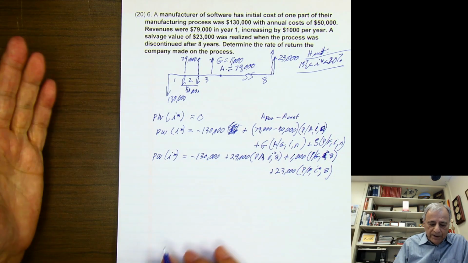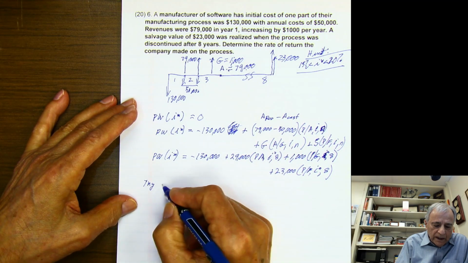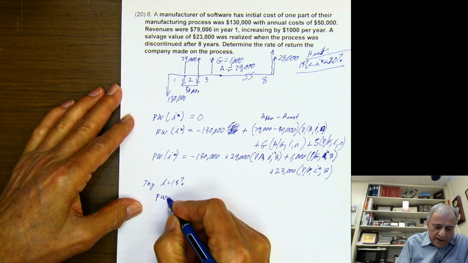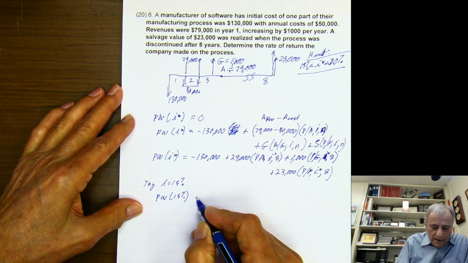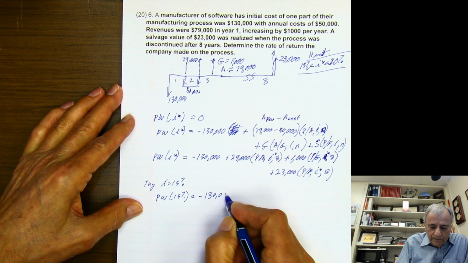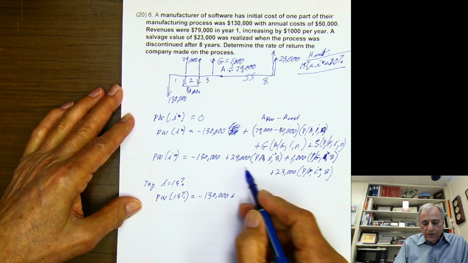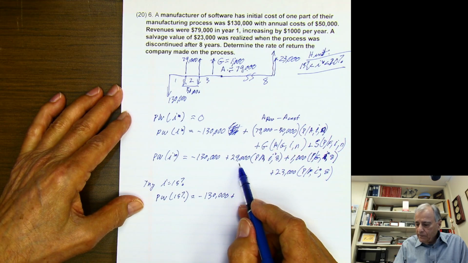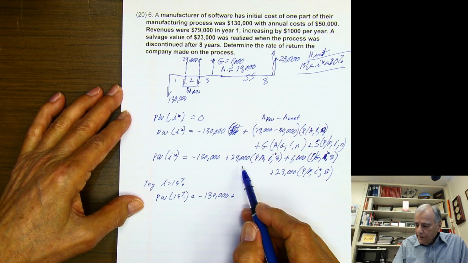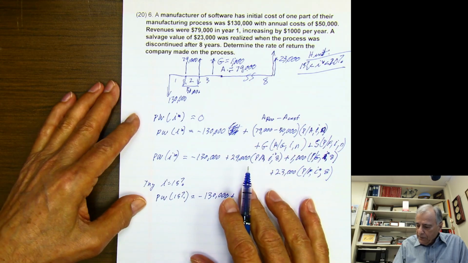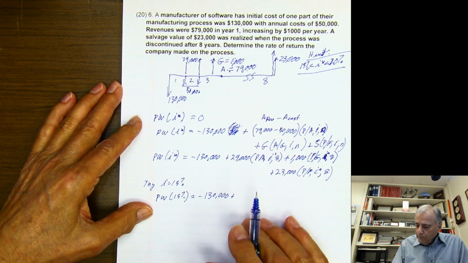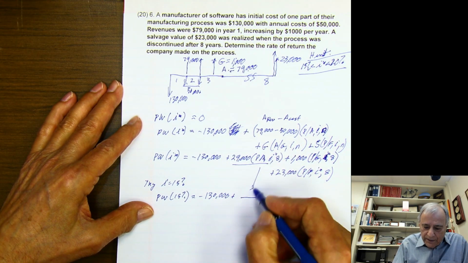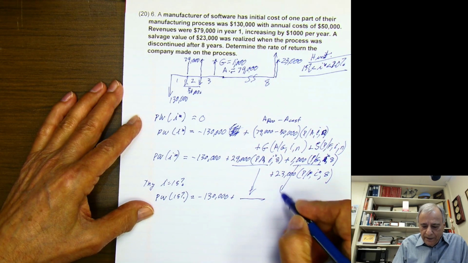So I'm going to start and try I equal 15%. And when I plug in present worth at 15%, I get minus 130,000 plus, when you plug in 15%, P given A times 29,000, and you go through all of this, you get this brought down here, and then this brought down here.